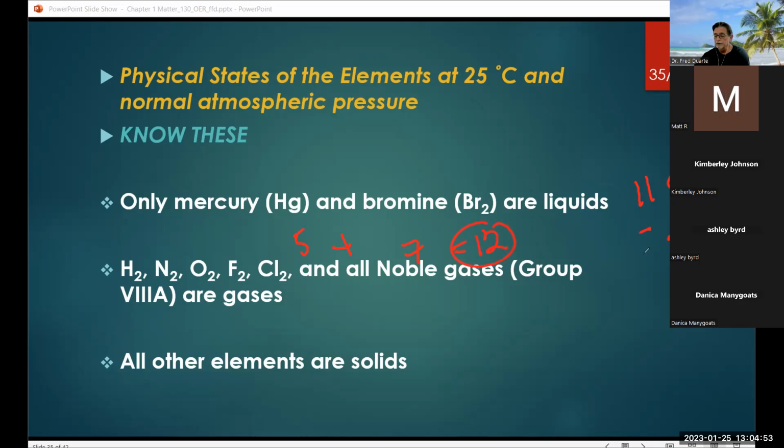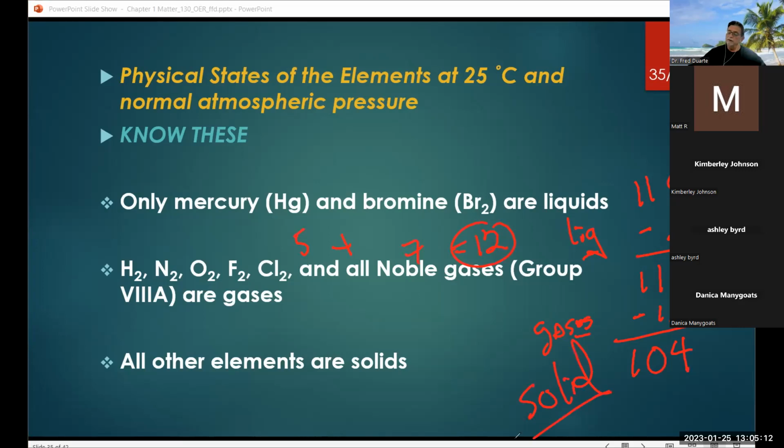We had 2 that were liquids that left 116, and then 12 that are gases. And liquids, which means that there's 104 elements that are solids.